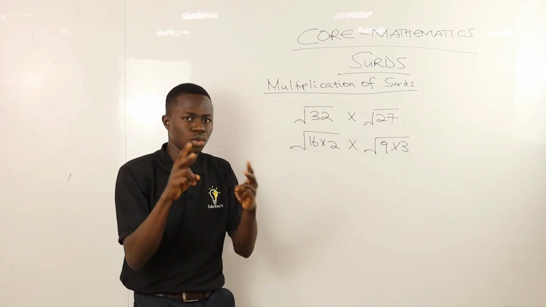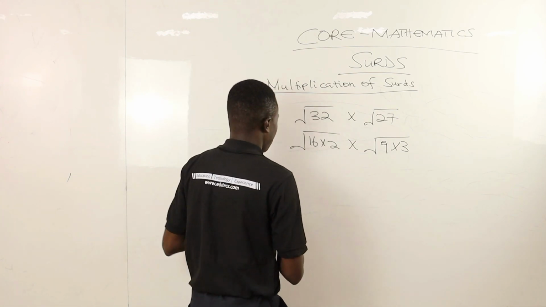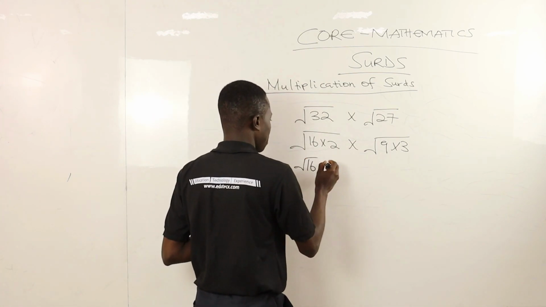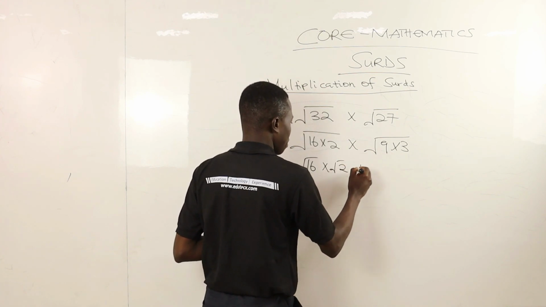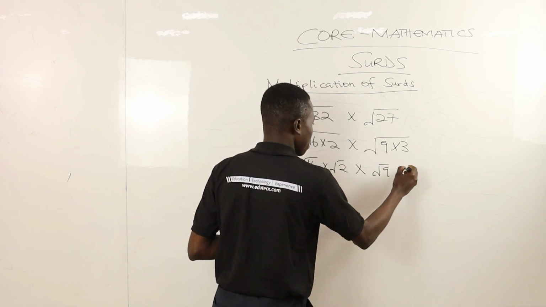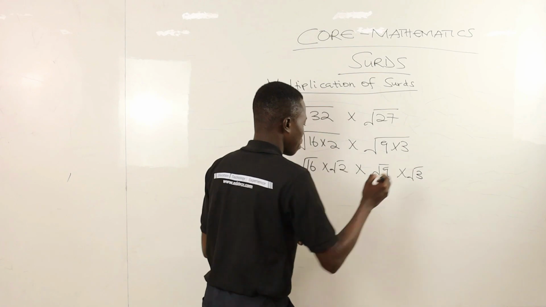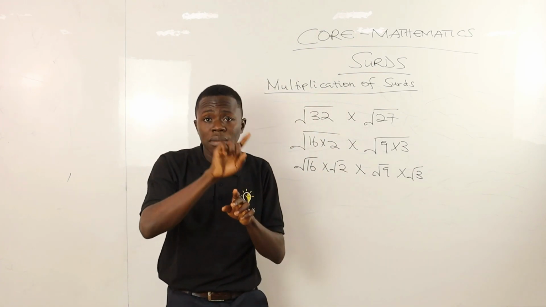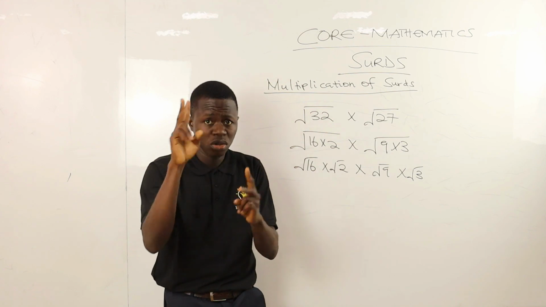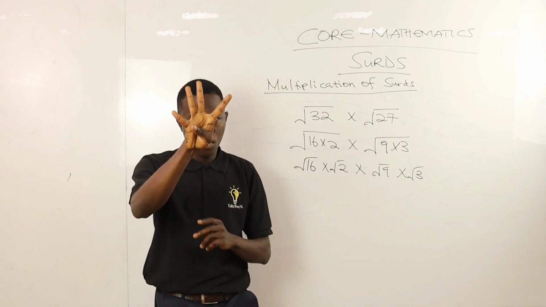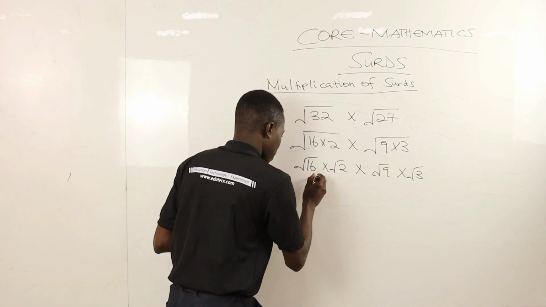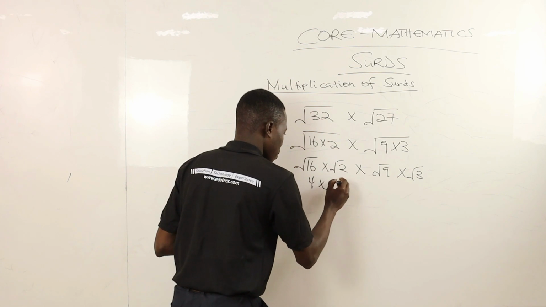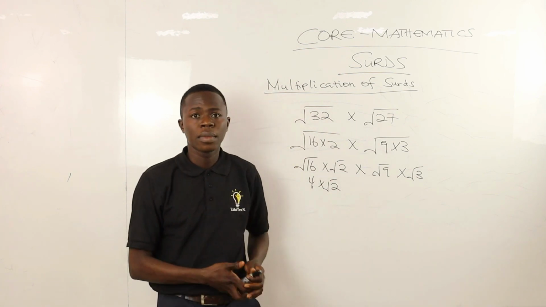Now, just like we do always, we will separate each individual term. So we are going to have square root of 16 multiplied by square root of 2 multiplied by square root of 9 multiplied by square root of 3. This makes solving the question much easier. 16 is a perfect square, so square root of 16 is going to obviously give us 4 multiplied by square root of 2.